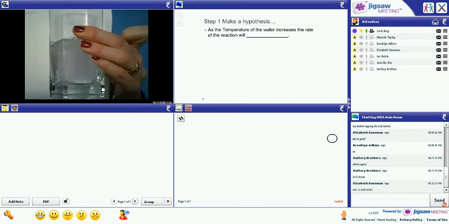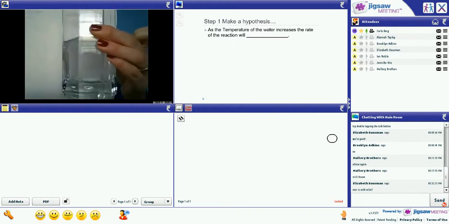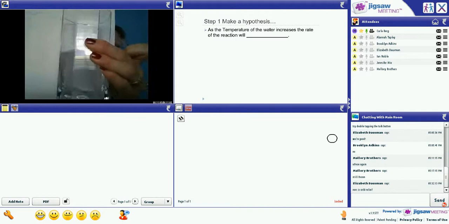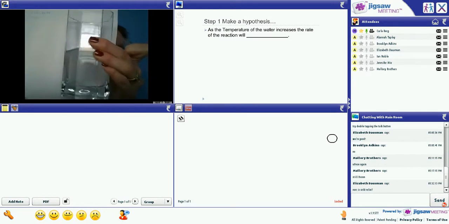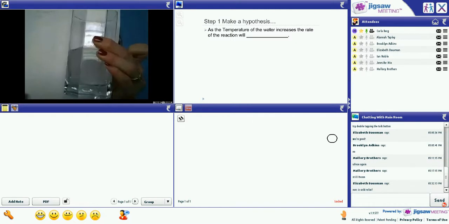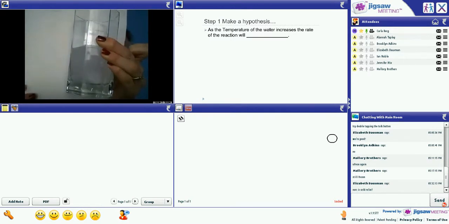Now your hypothesis is, as the temperature of the water increases, the rate of the reaction, so the length of time it takes for that entire Alka-Seltzer tablet to be dissolved, will, and here is your choice, increase, decrease, or stay the same.